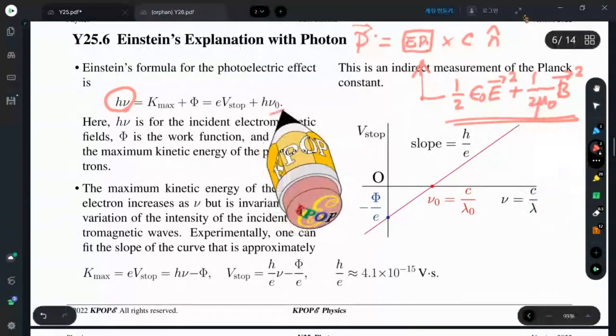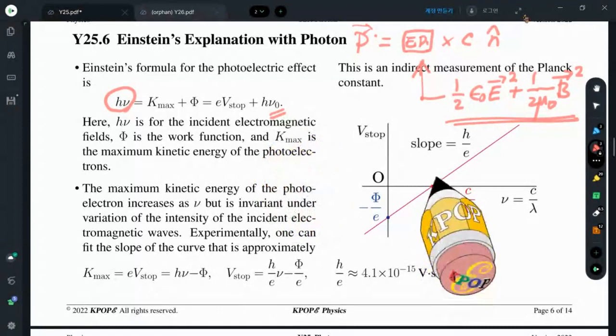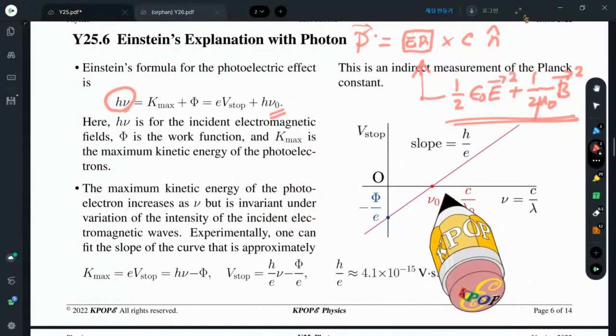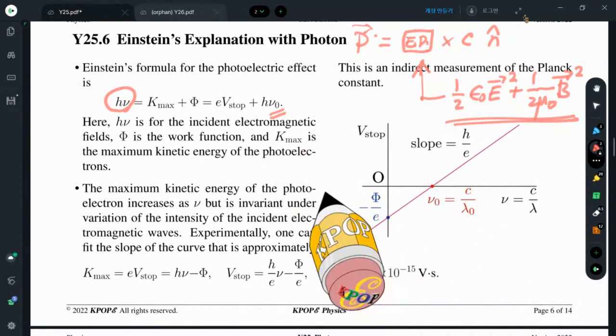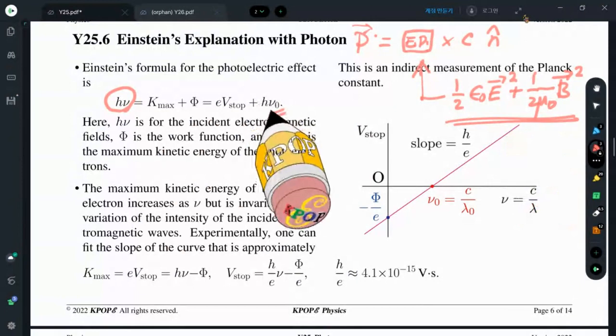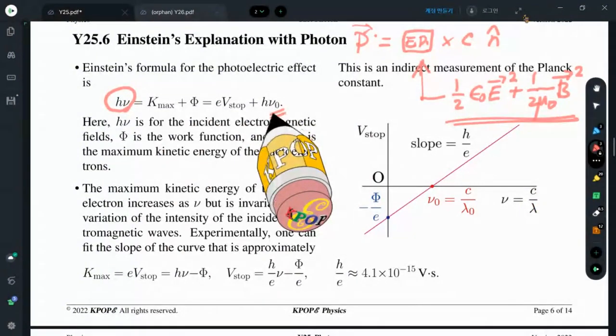Because there is a threshold of frequency or wavelength, only for the wavelength shorter than lambda 0, and only for incident electromagnetic wave frequency greater than this threshold nu 0, photoelectrons were emitted.